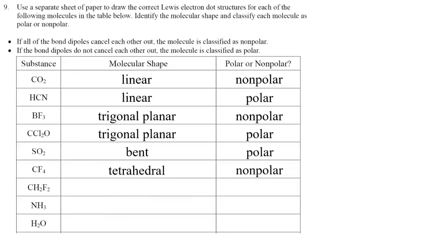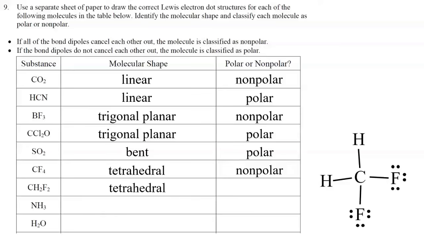Now let's take a look at our next molecule. This is CH2F2. So when you draw the Lewis diagram for CH2F2, it's going to be similar to CF4 in that it has a tetrahedral molecular shape. The difference is that all 4 of those atoms are not the same.